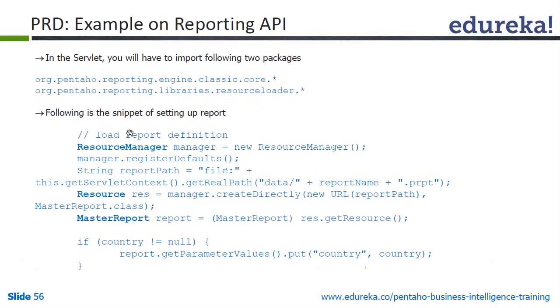So this is a scriptlet, code scriptlet, where you need to import classic Pentaho reporting engine related libraries. No issues, Madhu is saying. Thank you, Madhu. So you'll have to import these libraries.